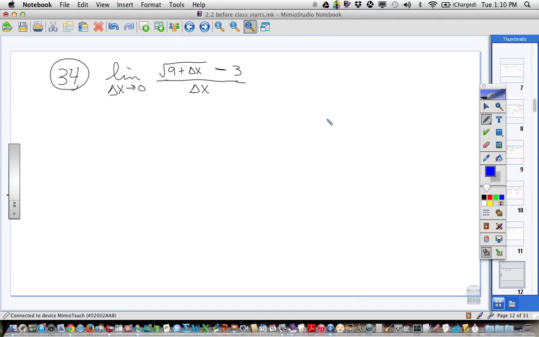All right, 34. First of all, I'm going to rewrite this. This looks a lot like what we've been doing, except this delta x is where what normally is the h. So I'm going to rewrite it and just change that to an h.